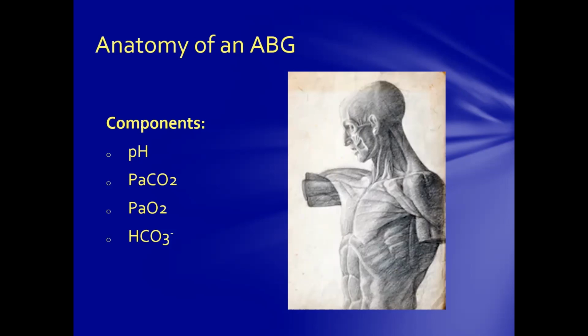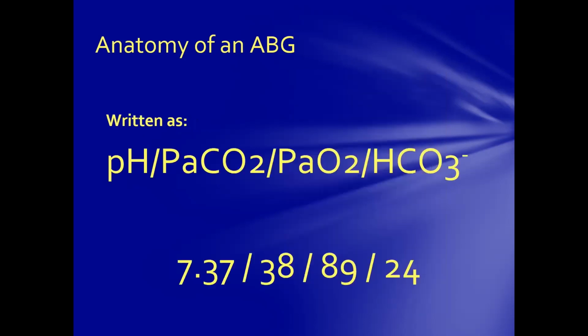The equations that we're going to be looking at and the blood gases that we're going to be looking at are arterial blood gases. The normal values for a capillary blood gas or a venous blood gas are going to vary slightly. For this particular video, we're just going to be focusing on arterial blood gas. So you'll always see PaCO2 or PaO2.